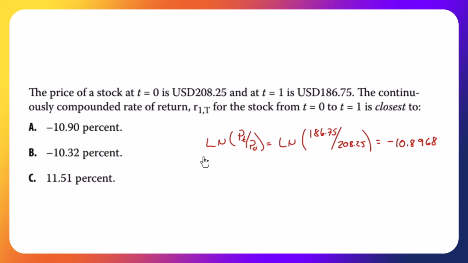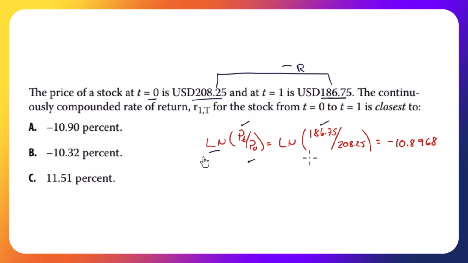The price of a stock at T equals 0 is 208.25. T equals 1 is 186.25. So we can see that we had a negative return over that period of time. The continuously compounded rate of return for the stock is closest to, and that is the natural log of PT over P naught.